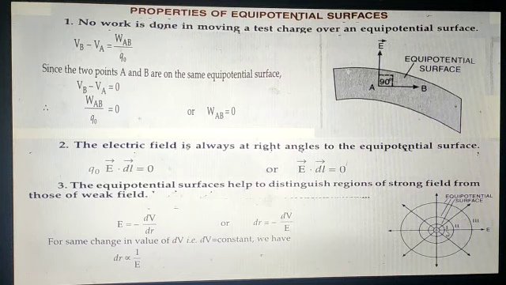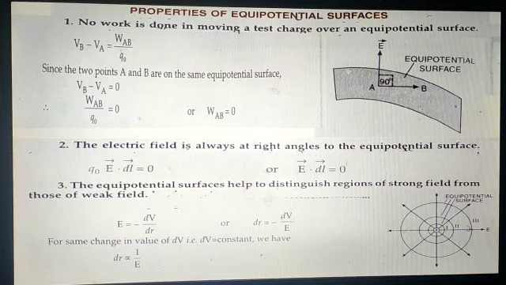Now see, these spherical surfaces 1, 2 and 3 we have shown here are equipotential surfaces due to the charge plus Q which is present at the center. Now look at the distance between them, which is given by dr. The distance is not the same. Here the distance is less, but as we move away from the charge, the distance increases.